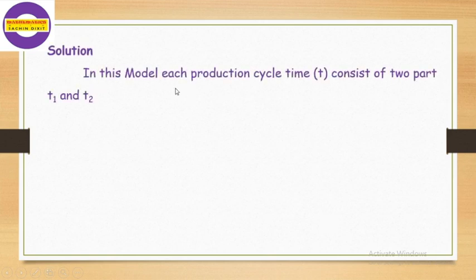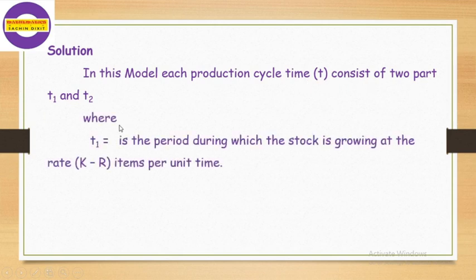Solution: in this model, each production cycle time T consists of two parts, T1 and T2, where T1 is the period during which the stock is growing at the rate K minus R items per unit time.